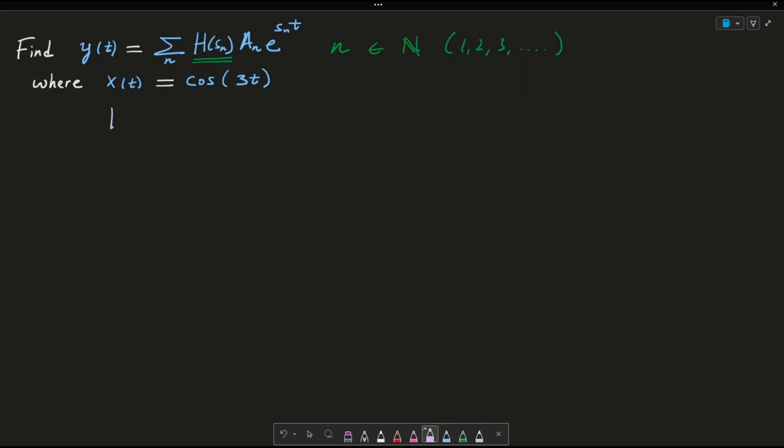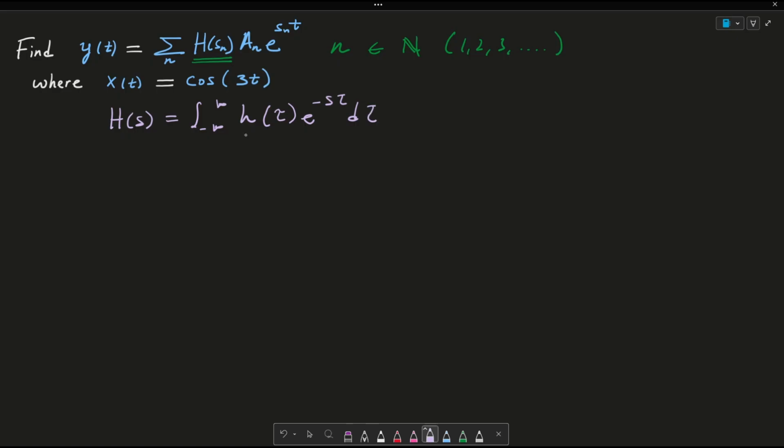We know that our transfer function h of s, I'm going to omit the n for now, is equated to the integral from negative infinity to infinity of my impulse response h tau e to the minus s tau d tau.